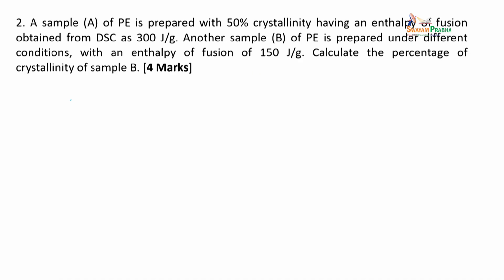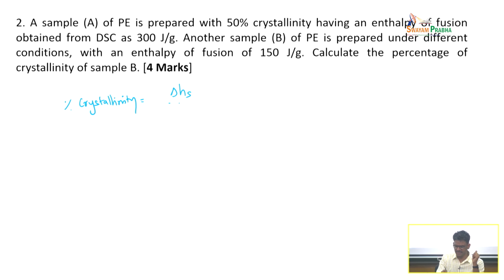So, for us the definition of crystallinity is delta H S by delta H C into 100. So, this is the enthalpy of fusion for the sample, and this is the enthalpy of the same sample if it is 100% crystalline, okay, which has to be obtained from some other sources. So, in this problem this data is not given, but we are comparing between two data.